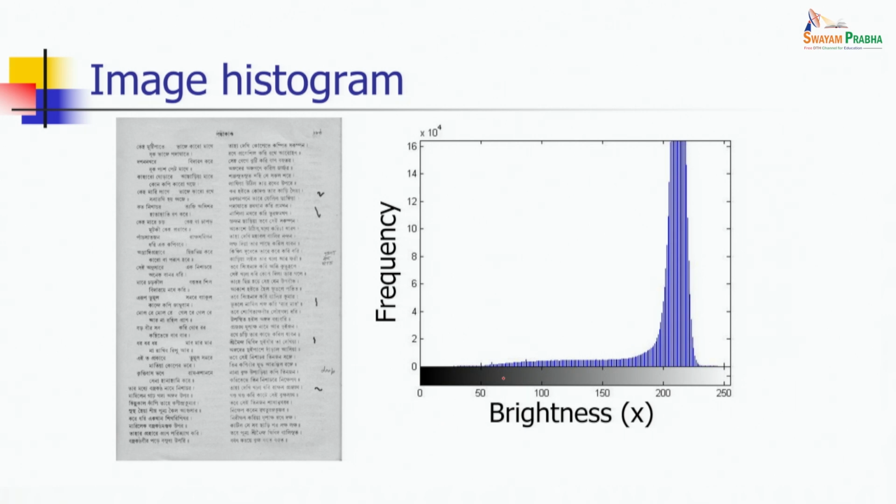Consider the scanned document shown at the left side. There is black text over a white background, so the image has brightness levels of various degrees. The background is brighter, whereas the text, the foreground, is darker.